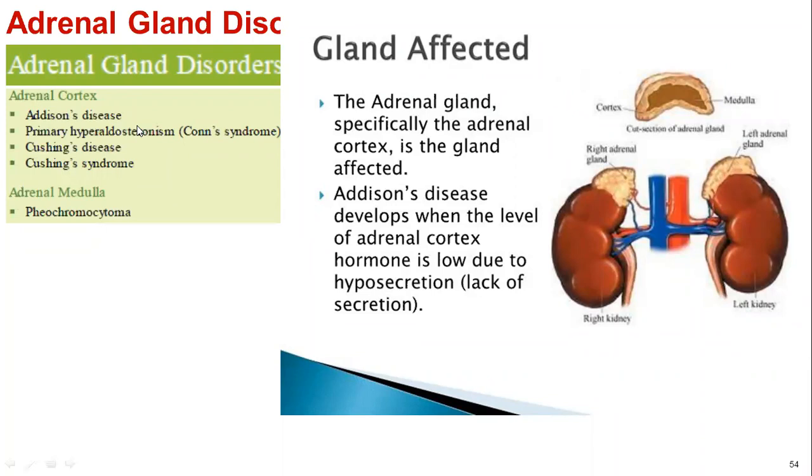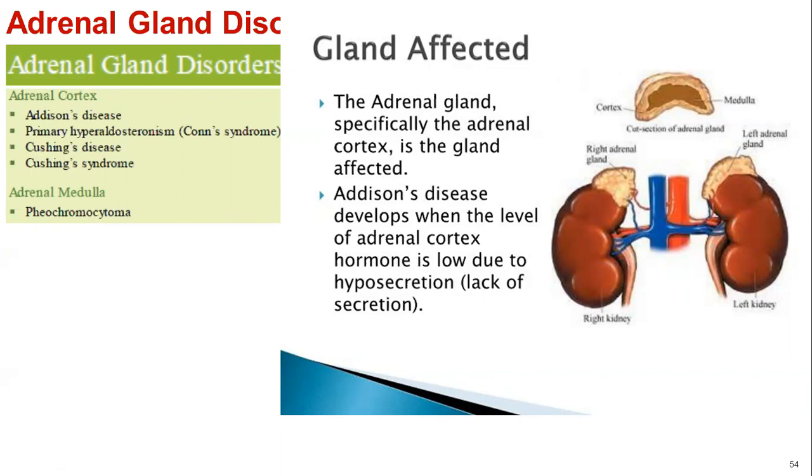So this table shows that the adrenal cortex has two diseases basically, Addison and Cushing, right? If the adrenal cortex has hypersecretion of the hormone, that disease is Cushing.